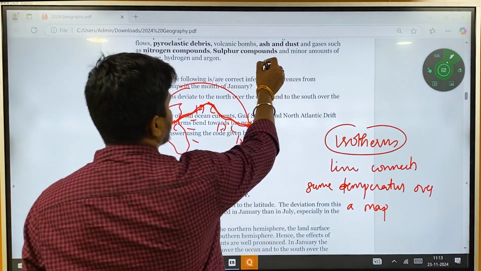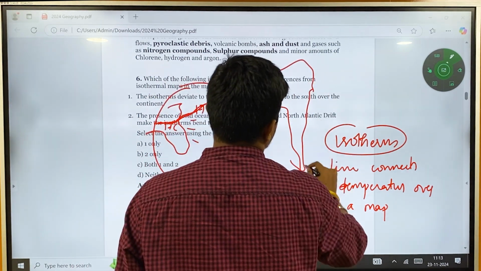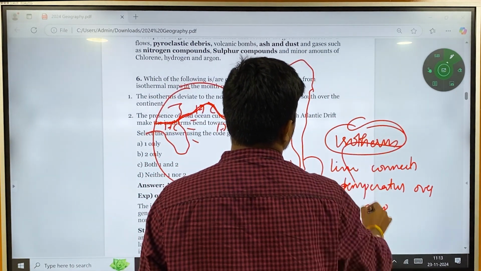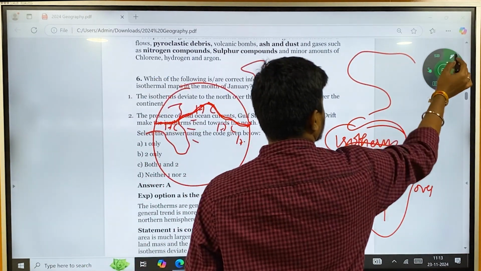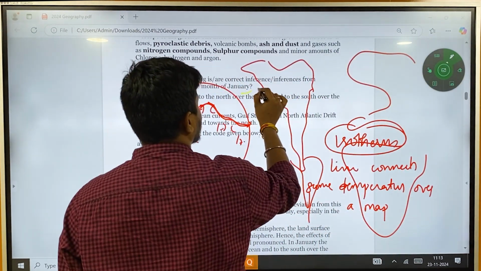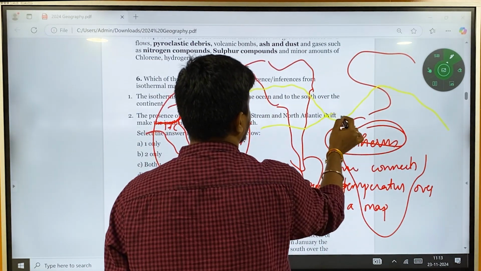If you read a map of the world, there will be certain maps: South America, Africa, Europe, etc. The isotherm map, the line goes like this, down, up, again like this. Here it comes up, down, again like this.